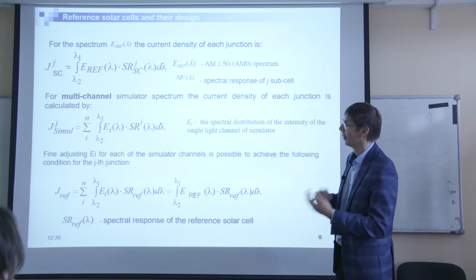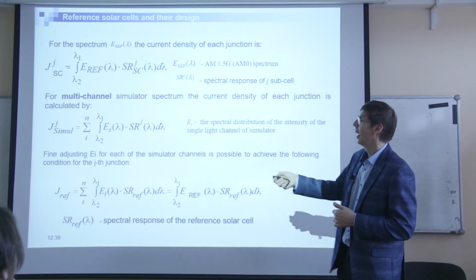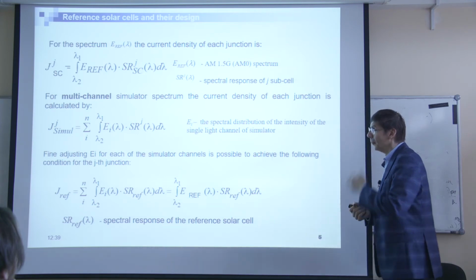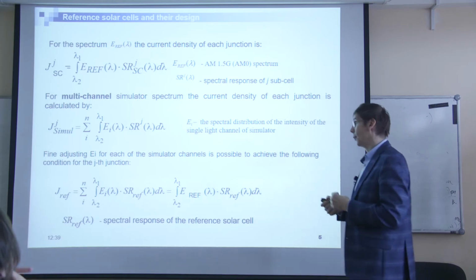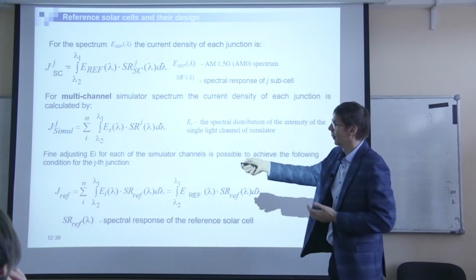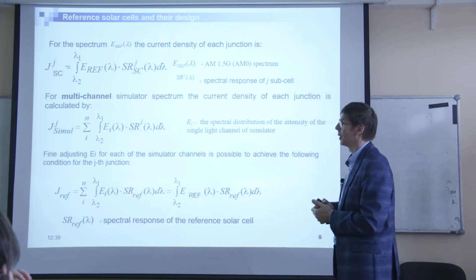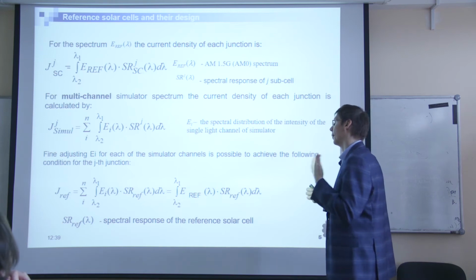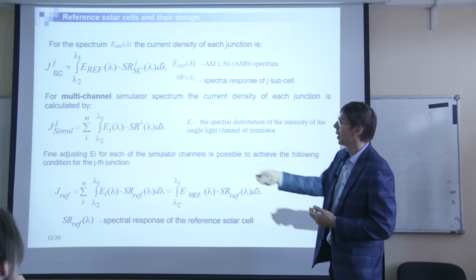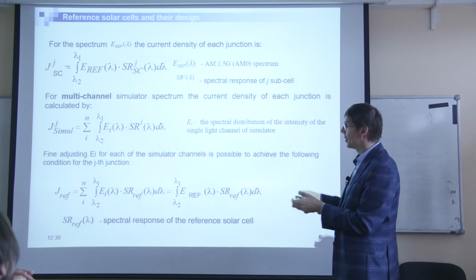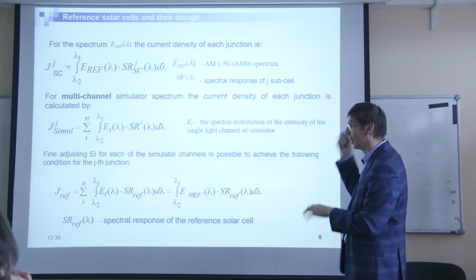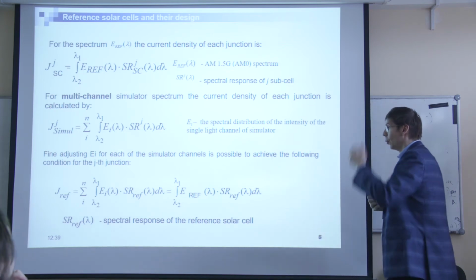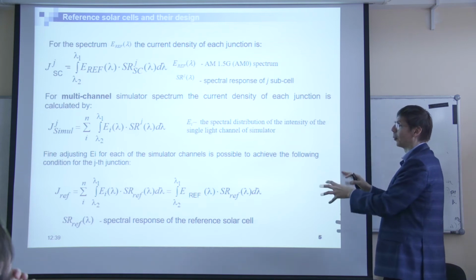G is the index of the junction, I is the index of the channel of a multi-channel simulator. Then for each top subcell, for each junction, you can calculate the current, and you can adjust the spectrum using the intensity of each channel, so you have a possibility to adjust.